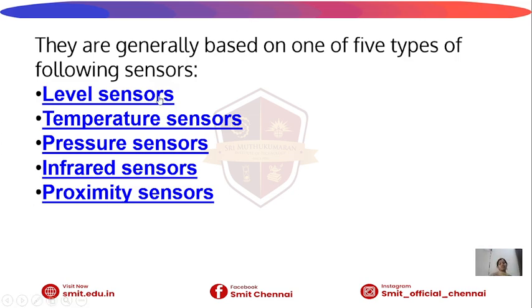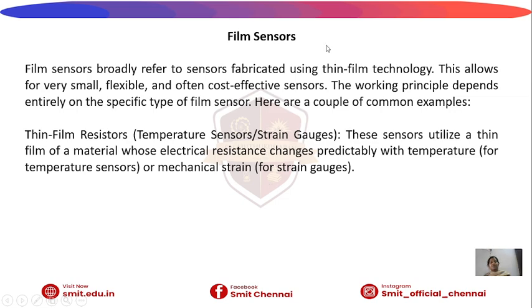The level sensor is used for measuring or sensing the level of liquid or anything. Next is the temperature sensor, used for measuring temperature, and the pressure sensor, used for pressure sensing. Next is the infrared sensor, which is used for sensing light. Next is the proximity sensor, which detects objects. So these are some types of smart sensors.